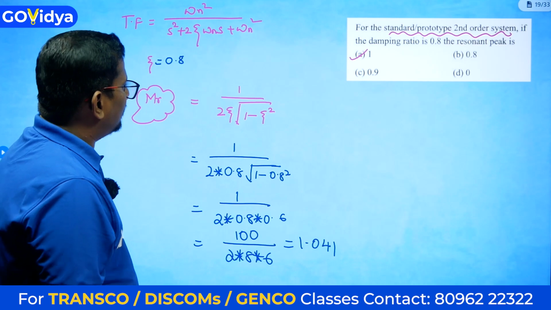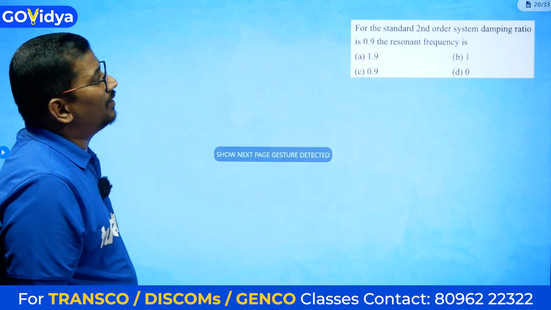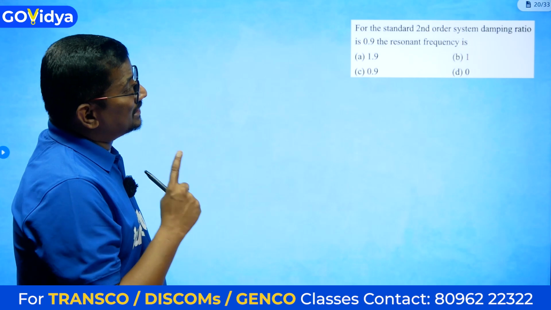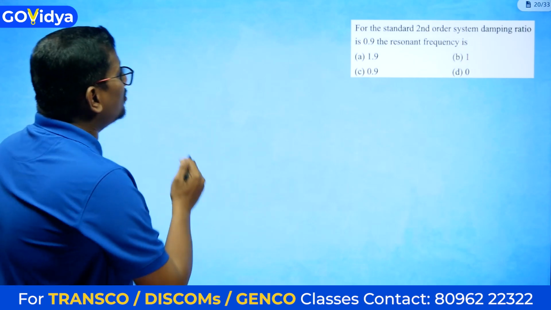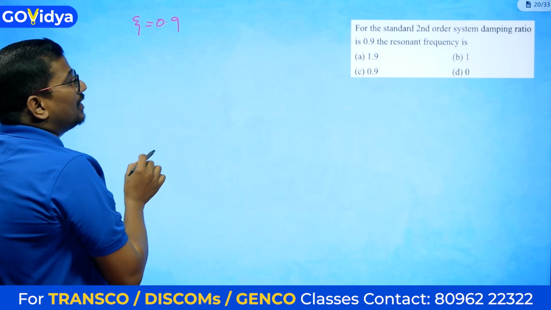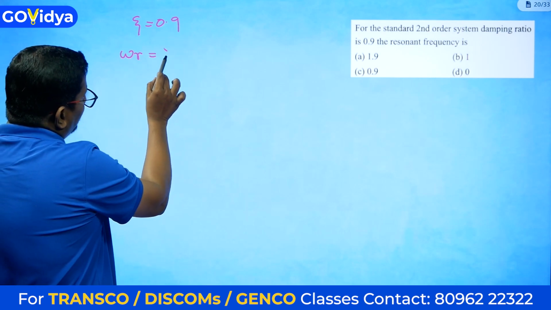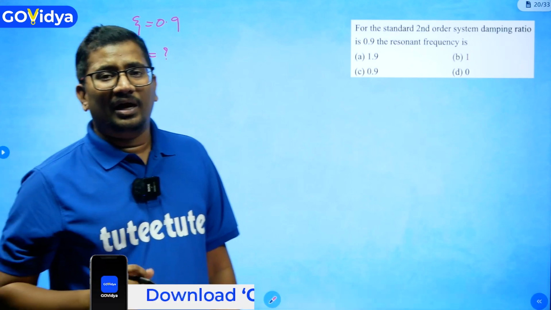Okay, so now let us take another question. For the standard second order system, damping ratio 0.9, that means zeta equals 0.9 they have given, and they are asking the resonant frequency omega r. What is the formula for omega r?